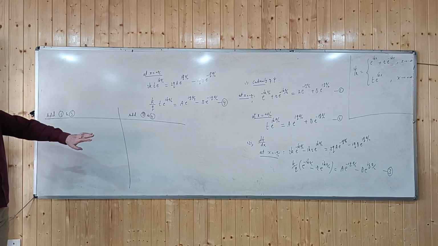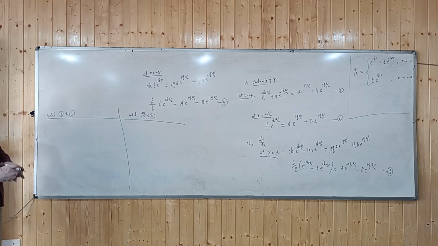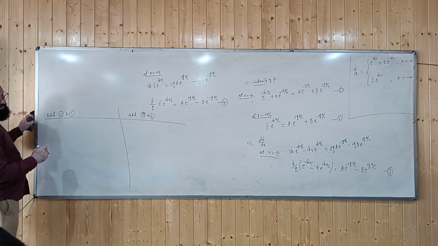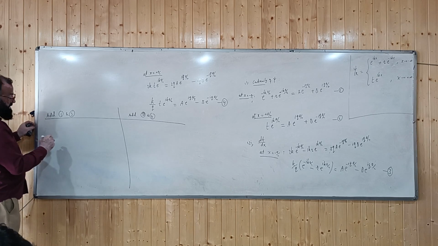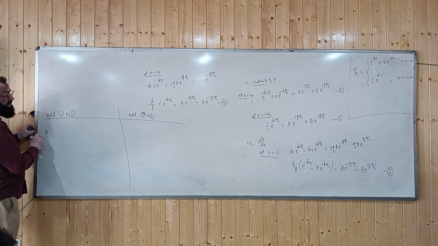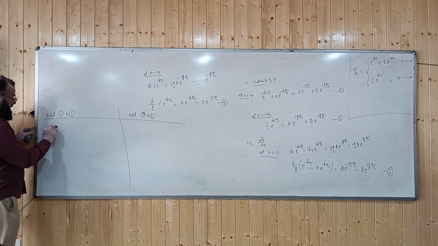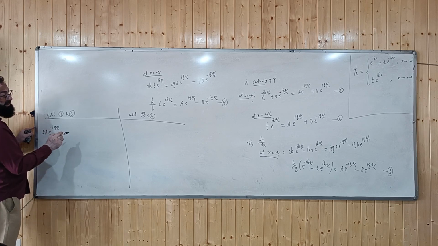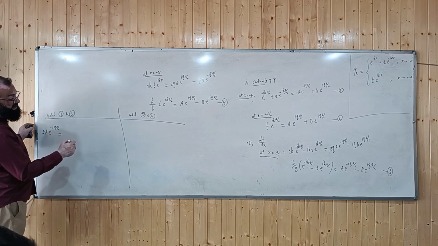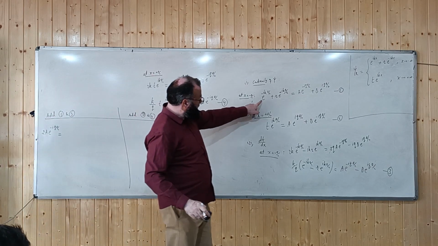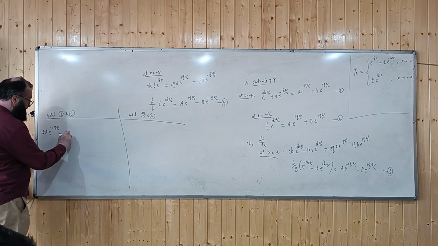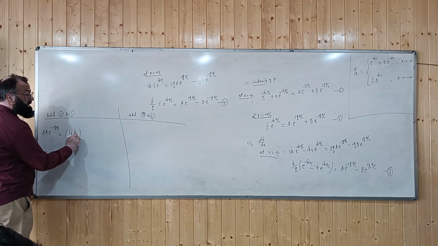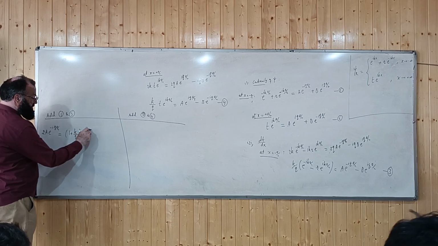Now let's add first and third. What will I get? The coefficients of A are the same, so it is twice A e raised to minus i q a by 2. That is equal to, now tell me what you have on this side. The coefficients here, e raised to minus i k a by 2, it will simply be 1 plus k by q, e raised to minus i k a by 2.